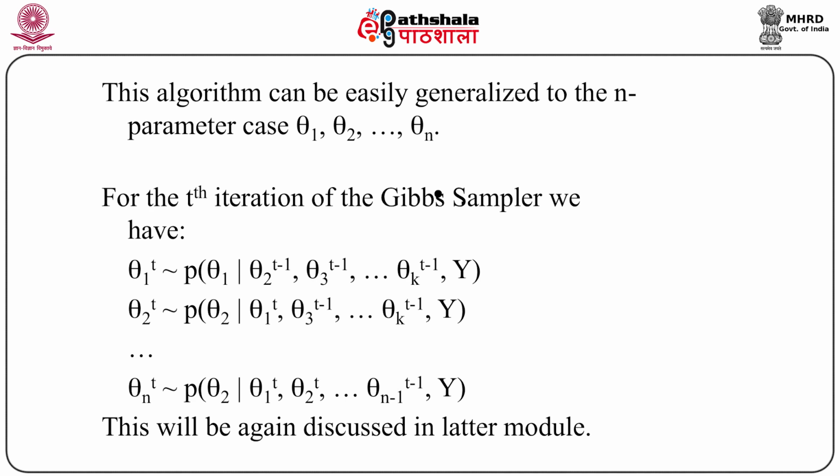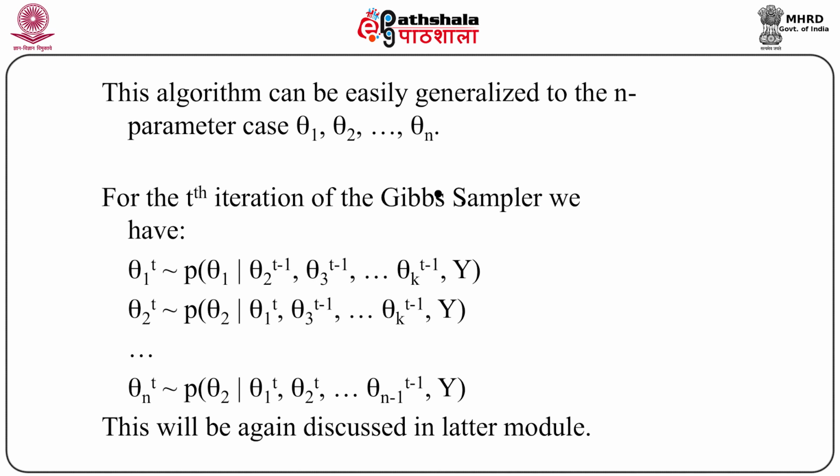This algorithm can be easily generalized to the n parameter case, theta 1, theta 2, up to theta n. For the tth iteration of the Gibbs sampler, theta 1 superscript t is a draw from theta 1 given theta 2 t minus 1, theta 3 t minus 1, up to theta k t minus 1, y.